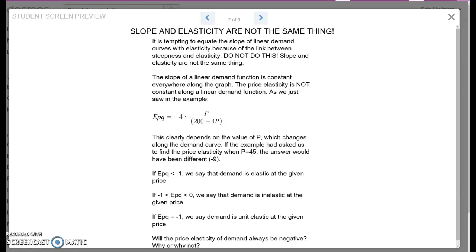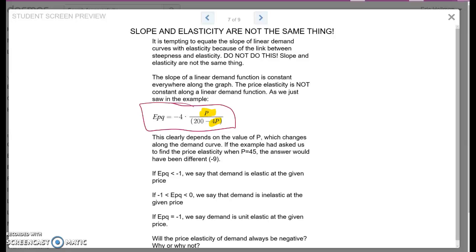But when we were doing the example, we got to this step, which said that the elasticity is equal to negative 4 times P over 200 minus 4P. This elasticity clearly depends on the price. So along the demand curve, the price is changing. That's what the vertical axis is.